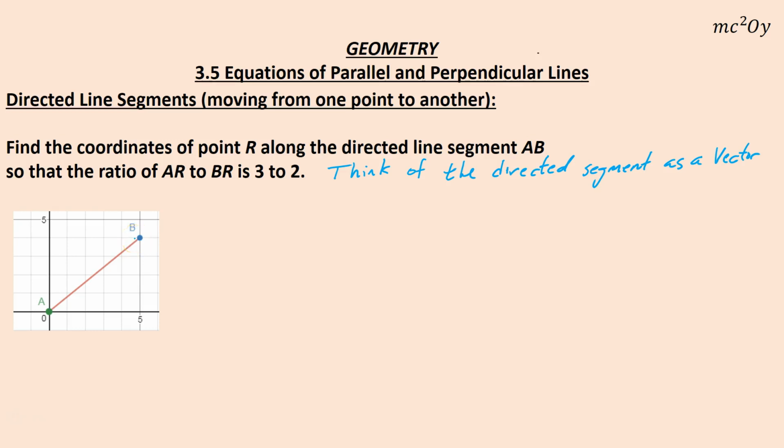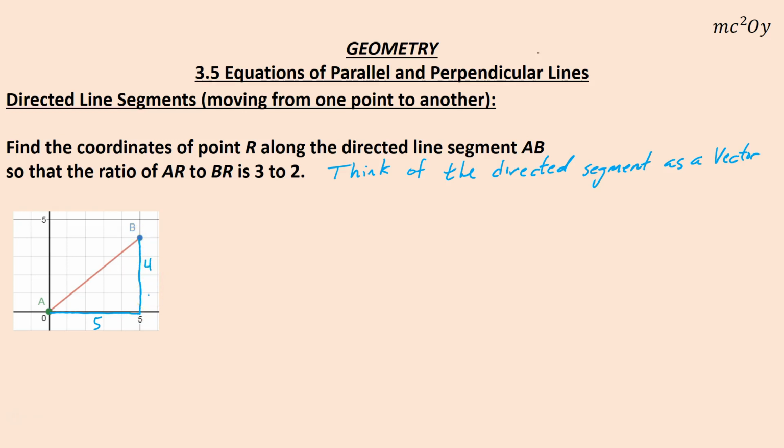For those of you who don't know what a vector is, it just shows magnitude and direction. If vector confuses you, we're just going to think of this as a line that has some slope to it. I'm going to identify that slope right away. I'm going to go from A to B, and that slope is 5 on my run and 4 on my rise.